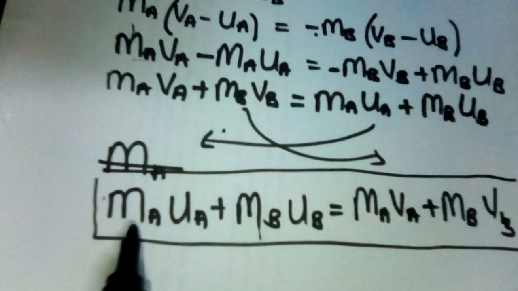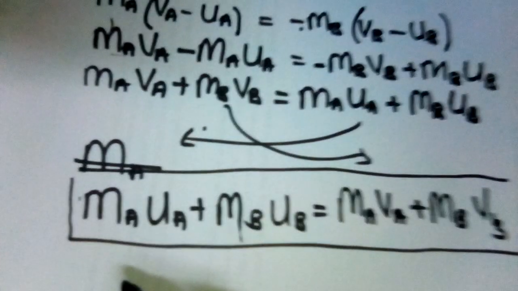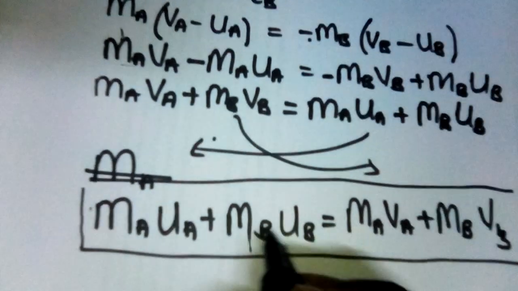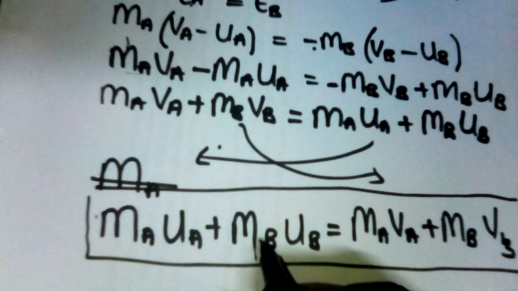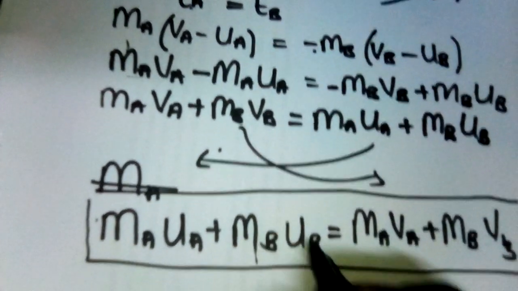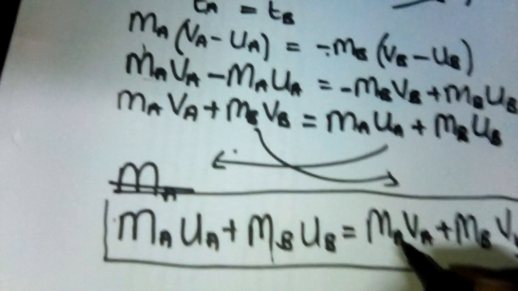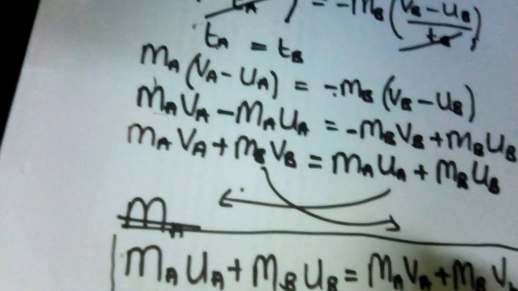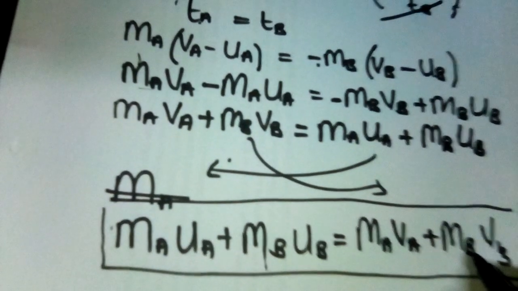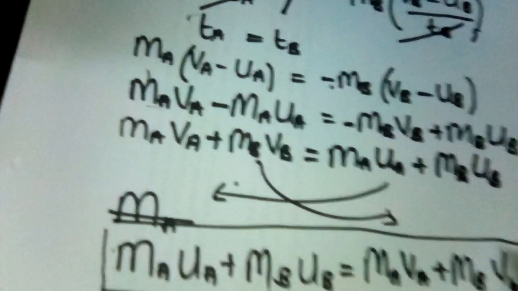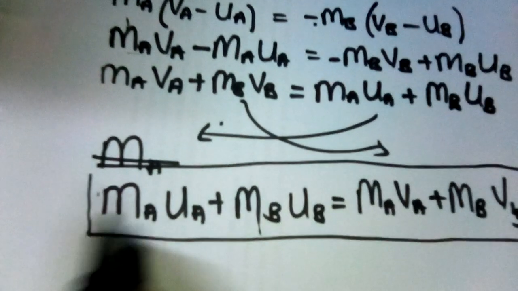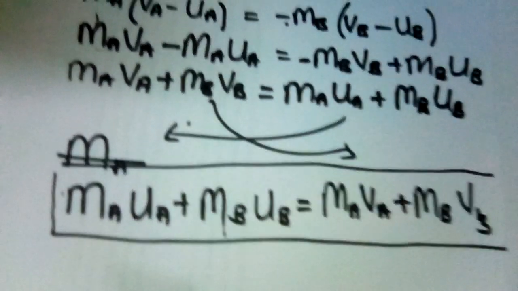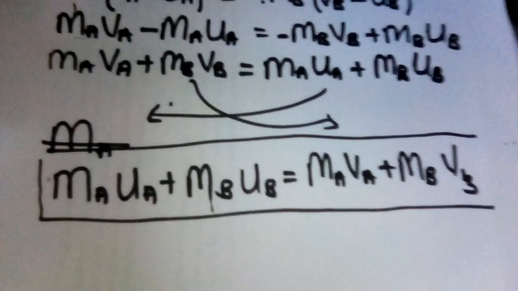This implies that the product of the mass of body A and the initial velocity of body A, added to the product of the mass of body B and the initial velocity of body B, should be equal to the product of the mass and final velocity of body A plus the product of the mass and final velocity of body B. So this is how we mathematically express the principle of conservation of linear momentum.